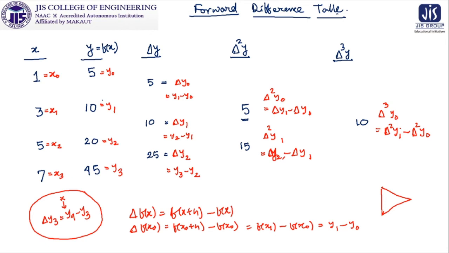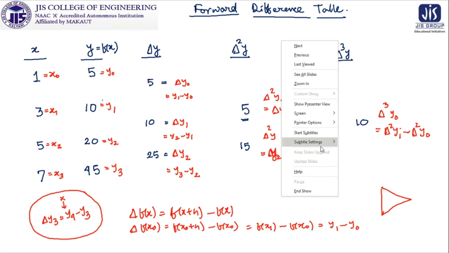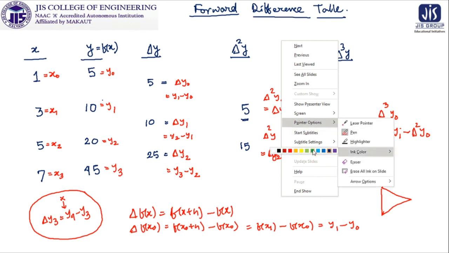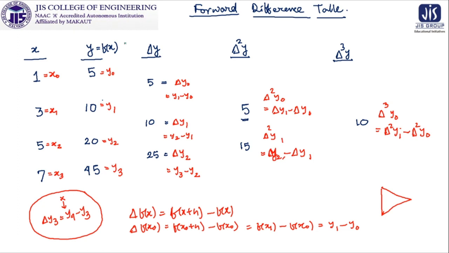Now, according to another structure of difference, called backward difference, we can make a study here. If we are talking about backward difference, then the backward difference of y, obviously I can't use y0 because it would give y0 minus y minus 1, and y minus 1 is not there.